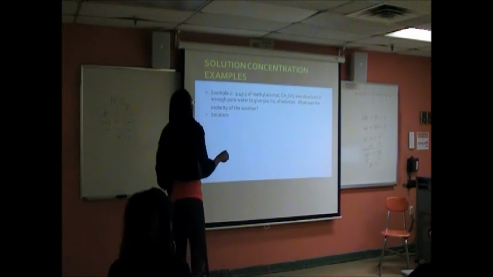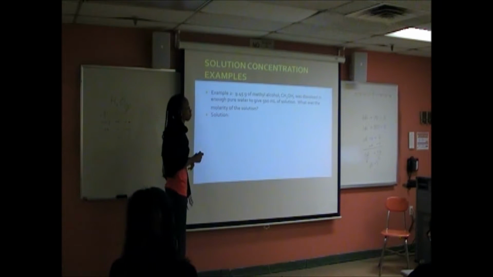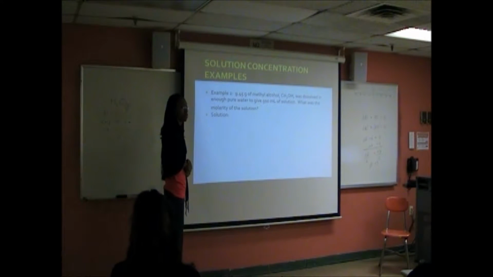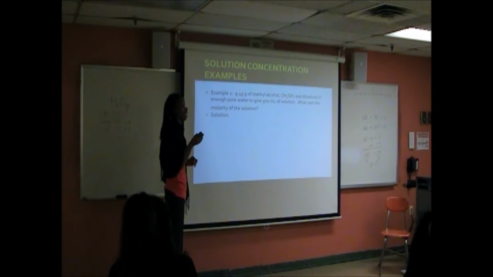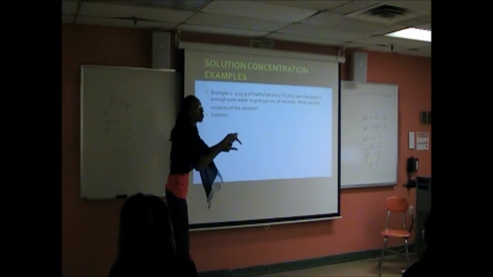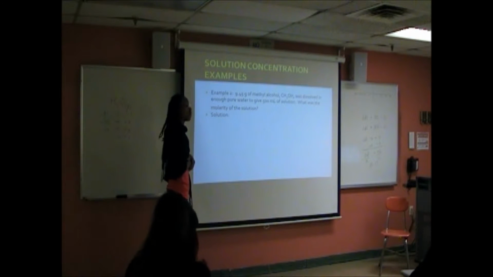What is the molar mass for my methanol? Carbon is 12, hydrogen is 1, oxygen is 16, so 4 plus 12 is 16, and 16 is 32. 32 grams per mole.